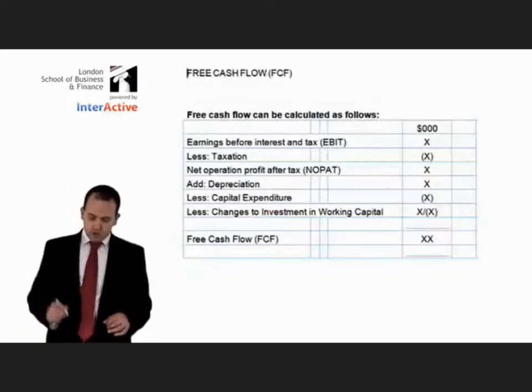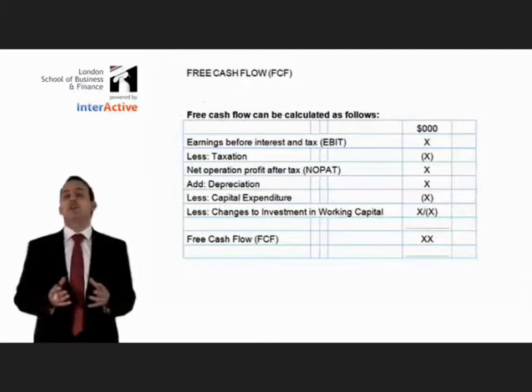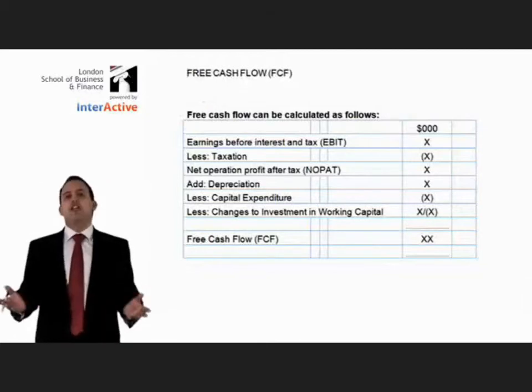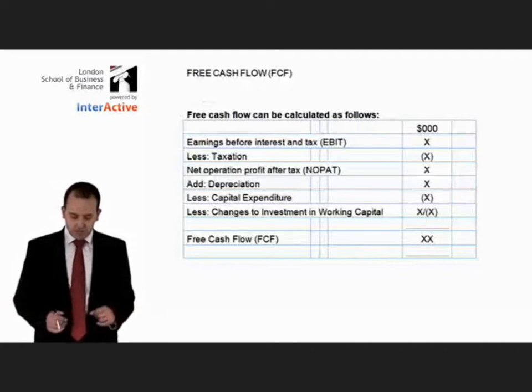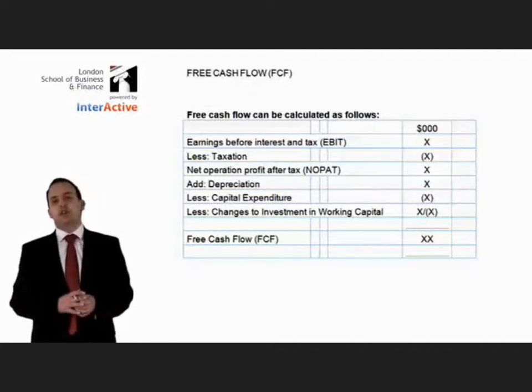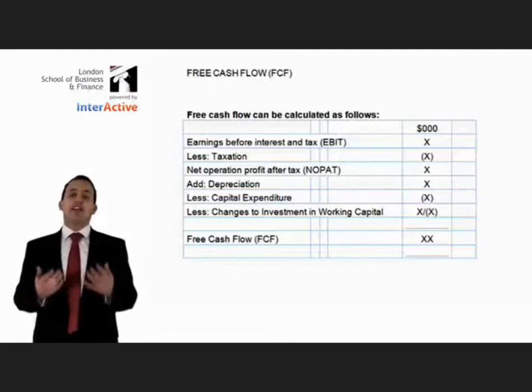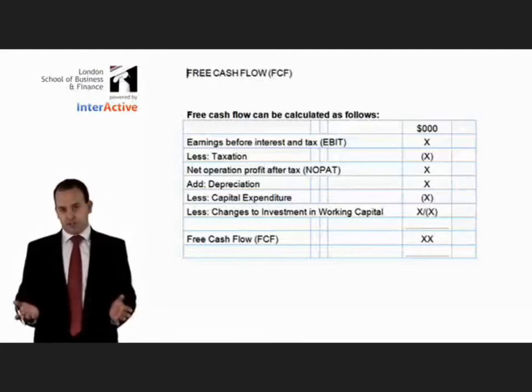The basic pro forma for the free cash flow can be shown as follows. First of all, we take the earnings before interest and tax and then simply adjust it for the taxation that needs to be paid for that particular year. Secondly, we can then add back any depreciation for the period, simply because depreciation included in the profit for the company isn't actually a reduction in the company's cash flow.